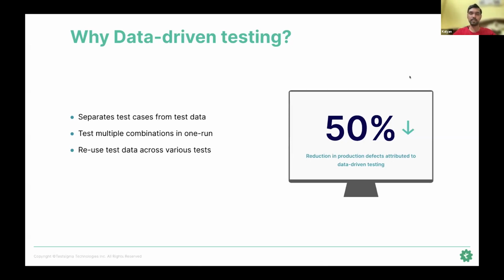And what we've seen this do is that in some cases with our customers, 50% of the production defects have been reduced, and this can be directly attributed to data-driven testing because they have more coverage now. They test multiple scenarios in a shorter span of time, leaving more room for fixing issues whenever they're identified. So yeah, that's a little about data-driven testing.